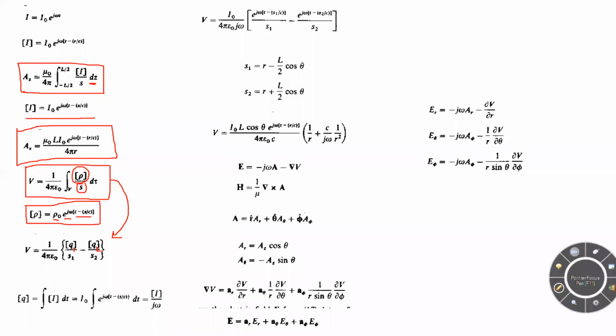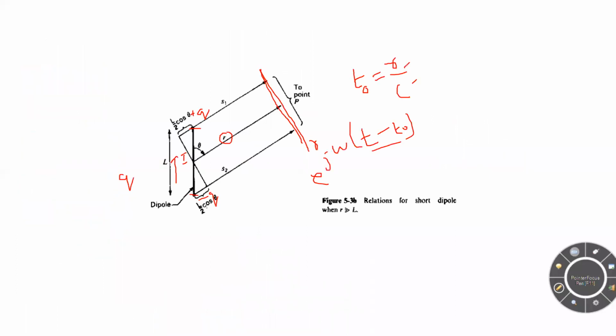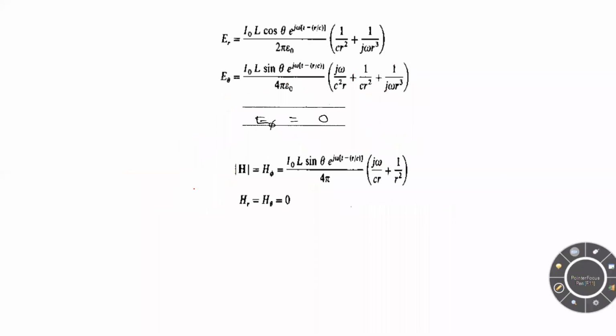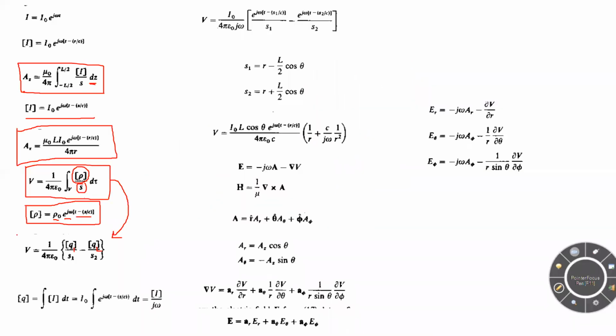This is the potential at this end, because of this distance s1, and because of this distance s2, we have these potentials. So when we simplify this integration, we end up with 1 by 4 pi epsilon naught times the retarded charge q1 divided by s1 minus the retarded charge q2 divided by s2. So this one is what?